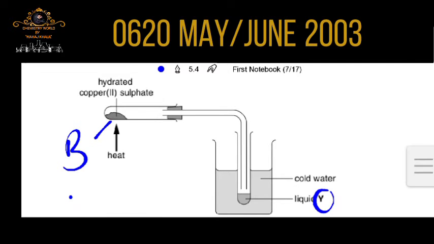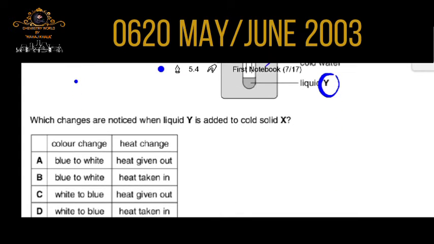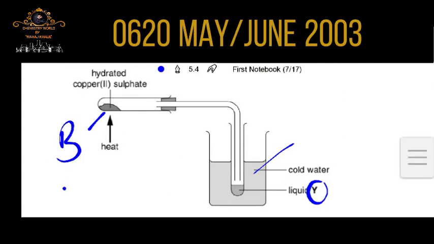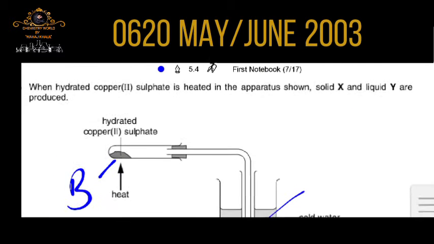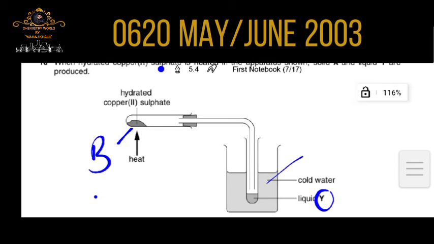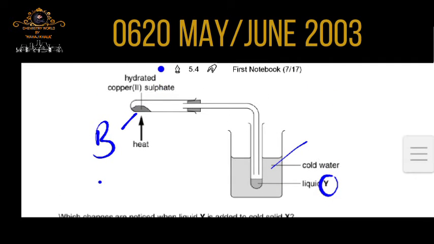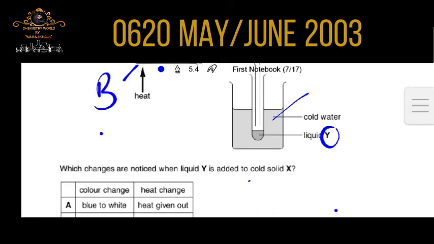So when it is heated, it converts into cold solid X in its non-hydrated form, which is white.